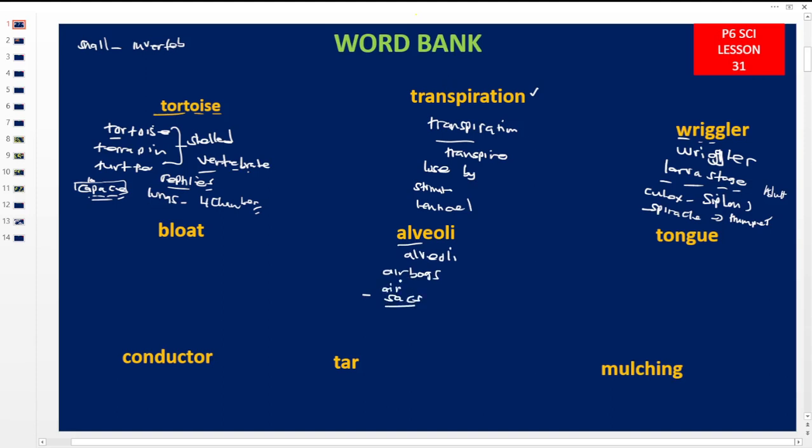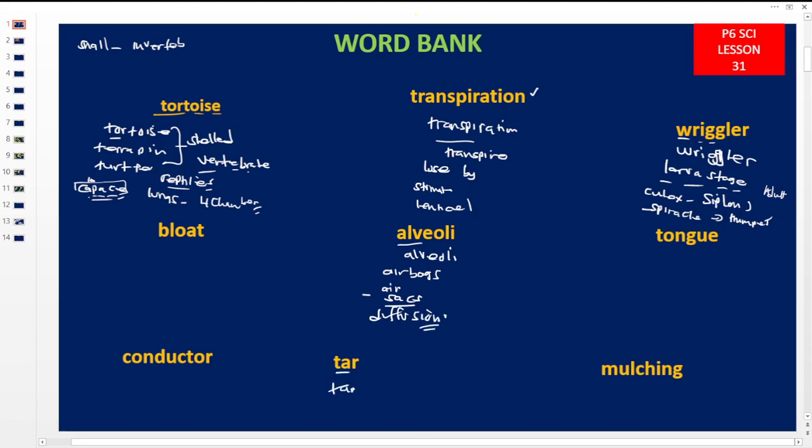These are the actual sites in our lungs where gaseous exchange takes place. In the air sacs, that's where we have gaseous exchange, the exchange of gases, carbon dioxide from blood to the lungs, and oxygen from the lungs to the blood, and it occurs by the process called diffusion.